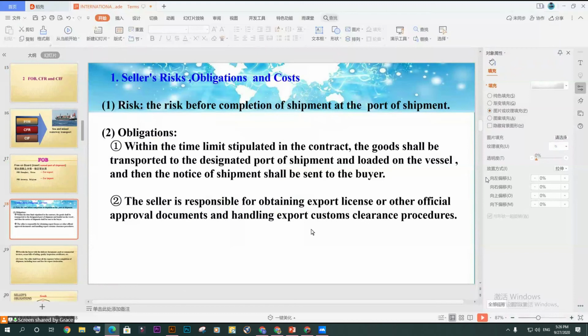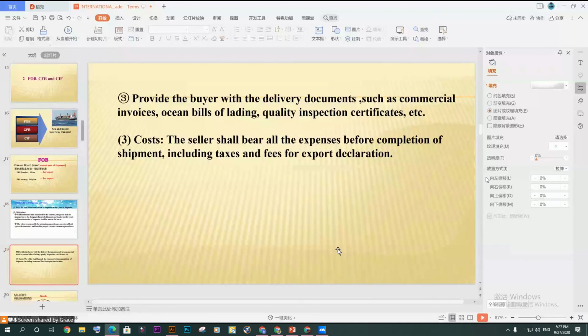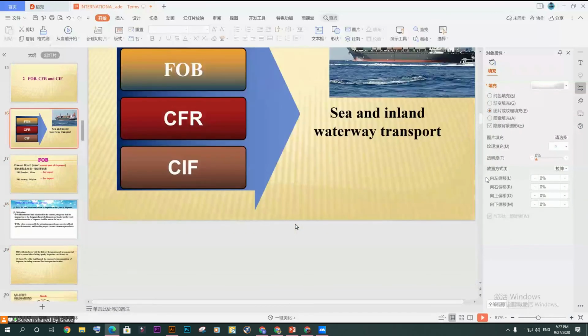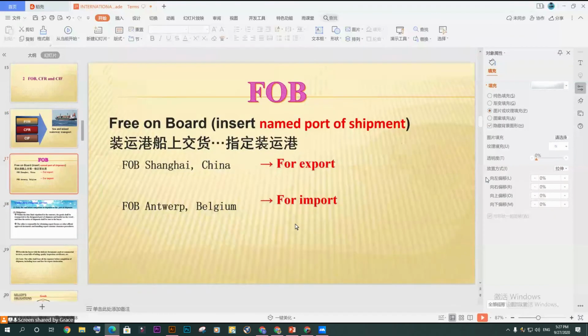This slide is just to show you the seller's risks, obligations, and costs. How about the previous phase? Previous, previous. Maybe we miss 3 or 4 phases. Missing already. We didn't see this one.